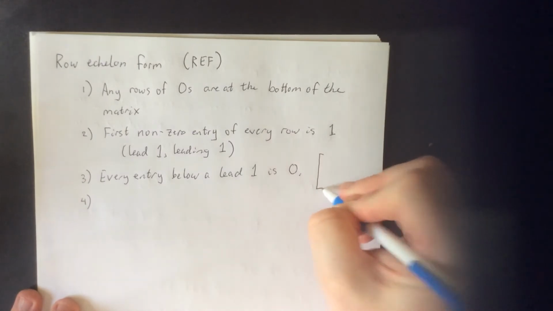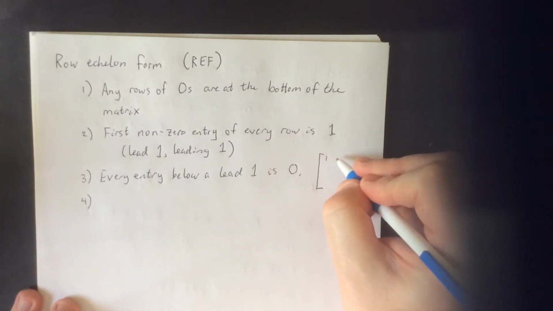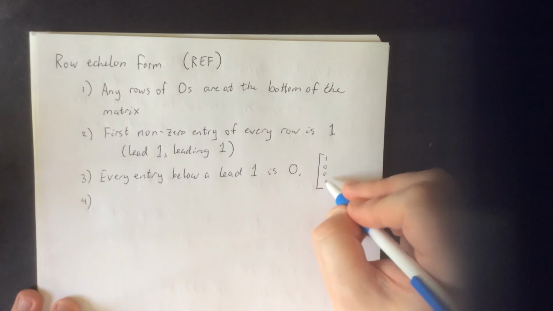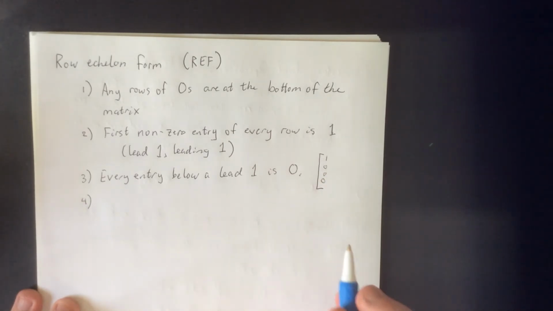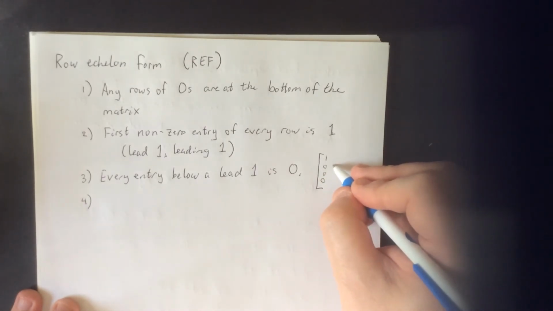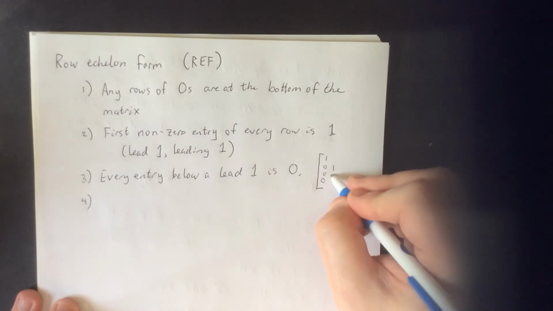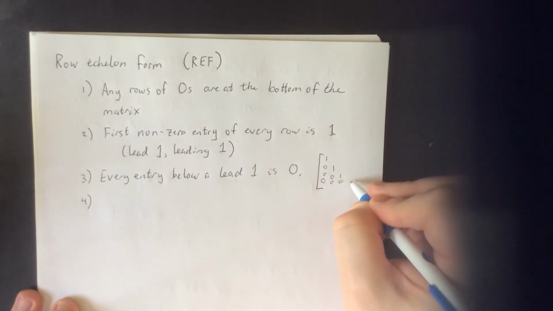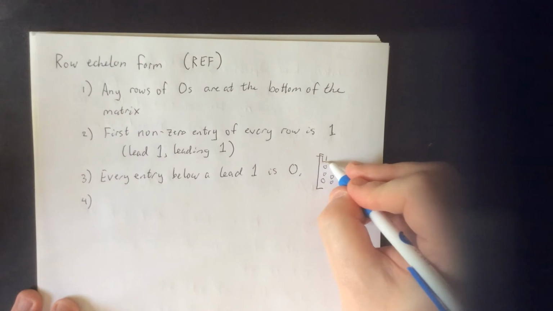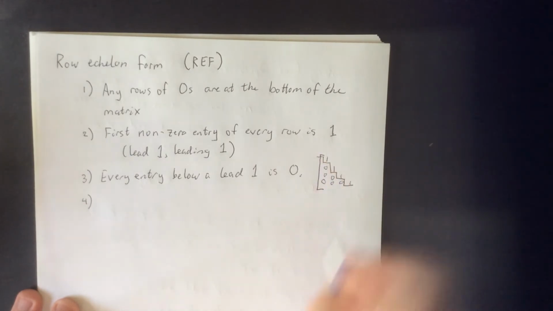Let's say in the first row, you have your first lead 1, then that means you'll have a bunch of zeros that are below it. That means that in the next row, that lead 1 will have to be to the right of the lead 1 that is above it. And we get this sort of staircase pattern with the lead 1s.